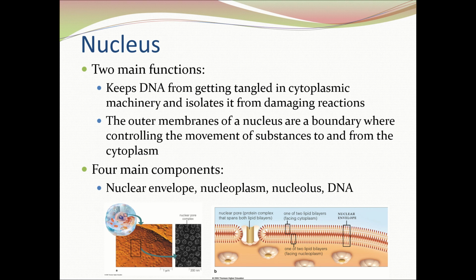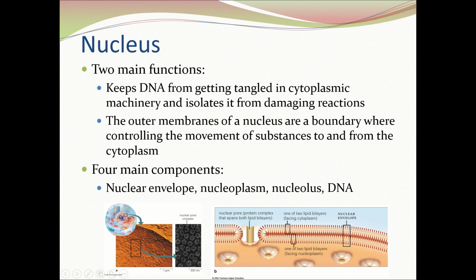Now let's talk about the nucleus, the third major structure found in the human cell. So we discussed the plasma membrane, we just went through the cytoplasm, and now let's take a look at the nucleus. Okay, so the two major functions of the nucleus is to keep DNA from getting tangled in cytoplasmic machinery and isolate it from damaging reactions, like when hormones are causing a cascade of chemical reactions, the DNA will be protected from that.